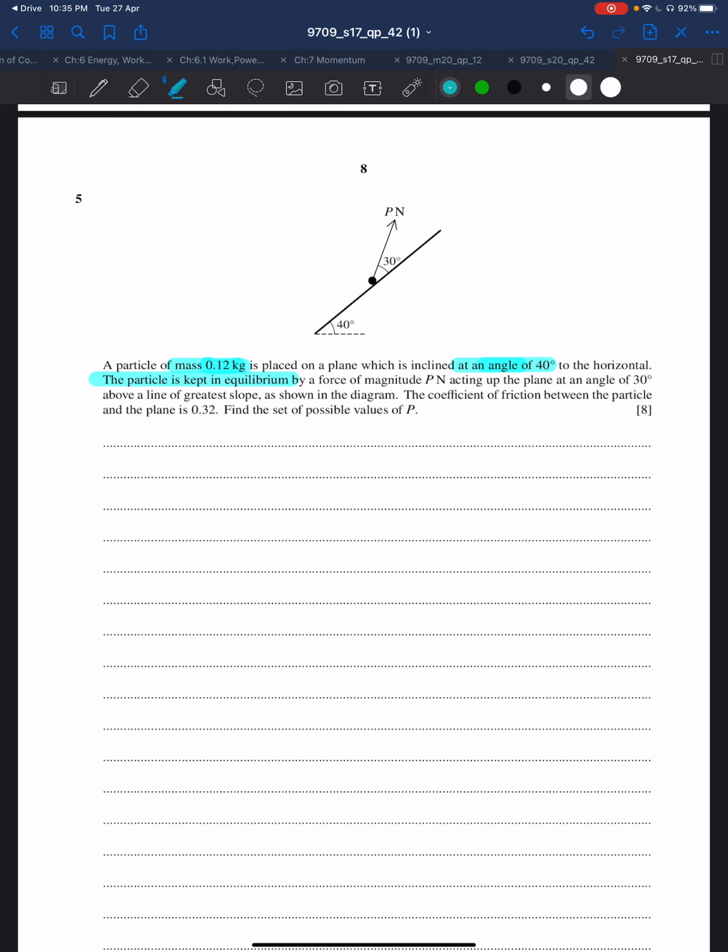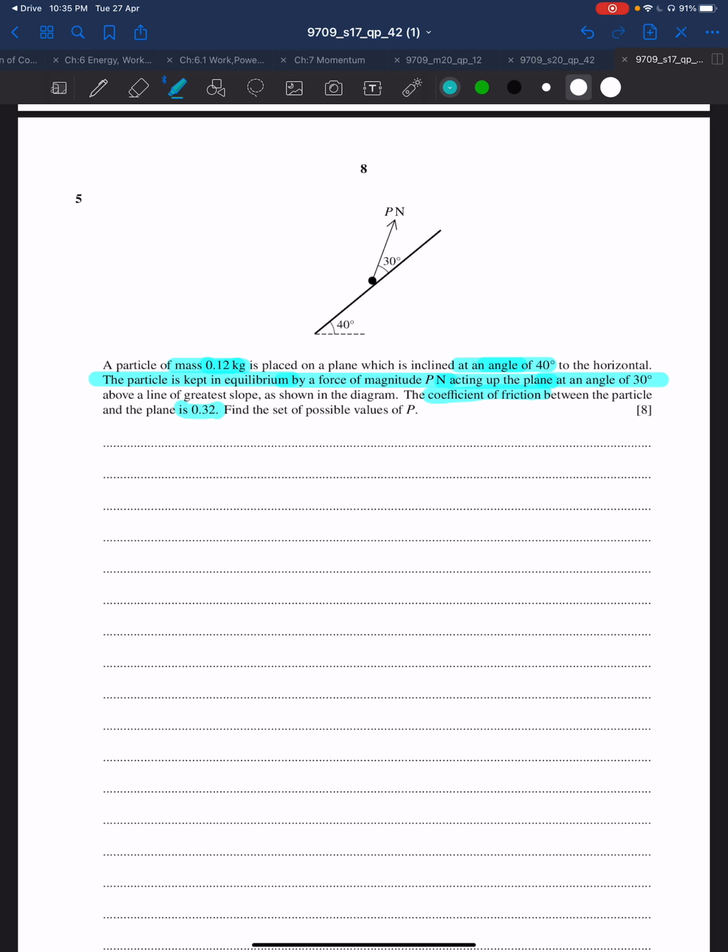The particle is in equilibrium, that means it's not moving, by a force of magnitude P Newton acting up the plane at an angle of 30 degrees above a line of greatest slope, as shown in the diagram. The coefficient of friction is also given, that is 0.32. Find the set of possible values of P.